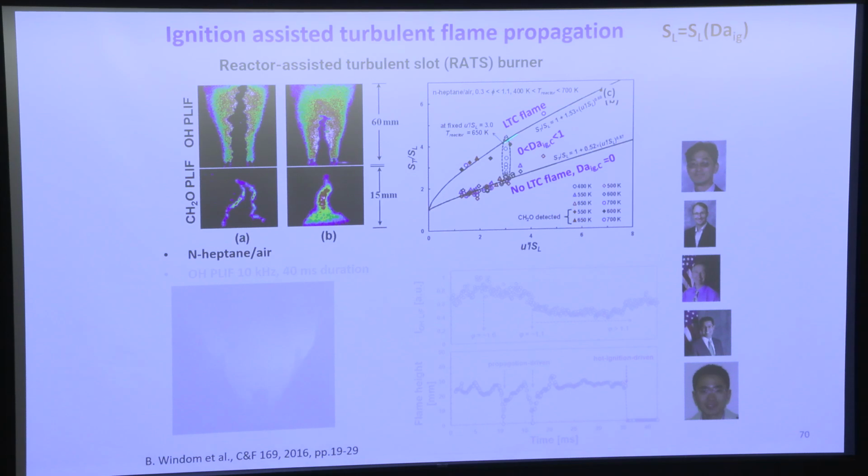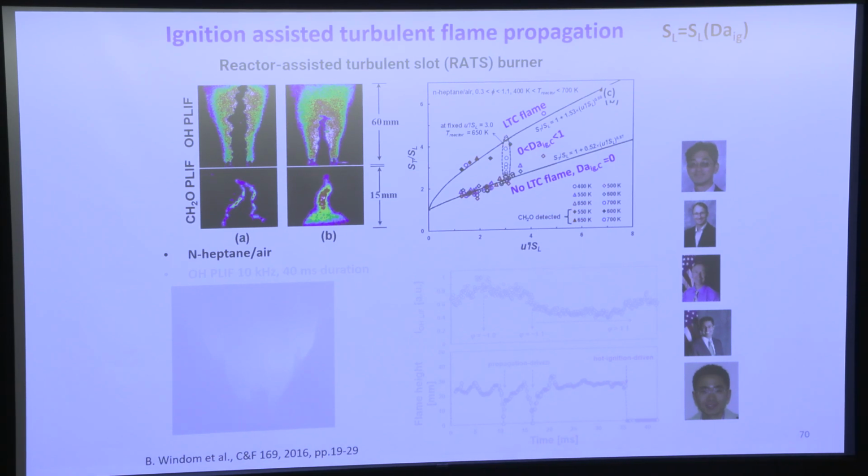The only thing they measure is this curve for methane, for whatever. But I'm interested in the low temperature chemistry. When the Damköhler number of low temperature chemistry is bigger than 0, I find in the laboratory that, compared with zero low temperature chemistry, when you have low temperature chemistry the turbulent flame speed can be anywhere between.